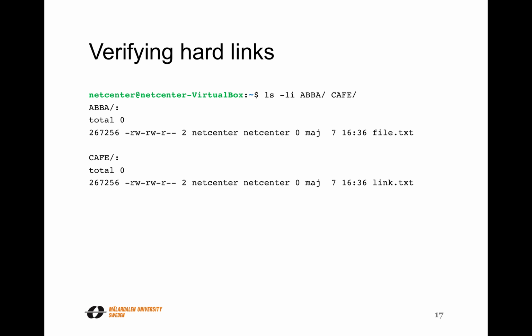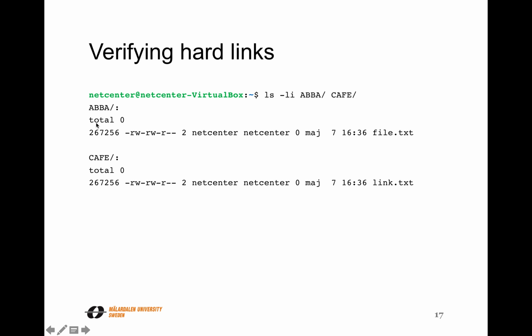So how can we verify hard links? Well, we can do that with a long listing, and we specify the I flag for inode. This will list the inode numbers for the files and directories in our system.